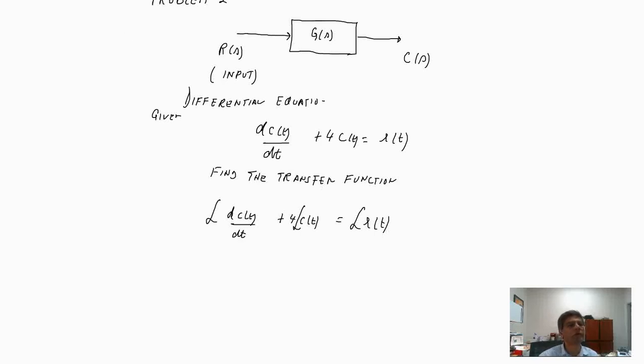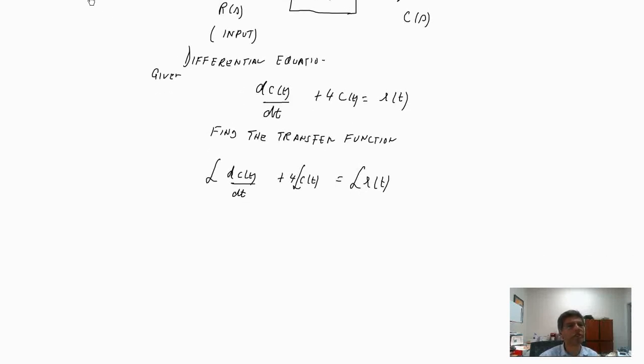Now if I take the Laplace transformation of that, remember that table that we've been talking about, this is going to be simply s c of s. Now recall that the initial conditions are 0 in this case.